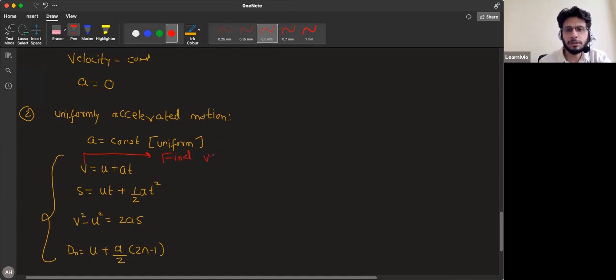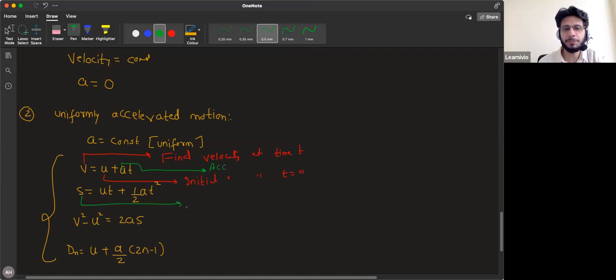V here is the final velocity at any time t. What is u here? U is initial velocity at t equal to 0. What is a? A is acceleration.